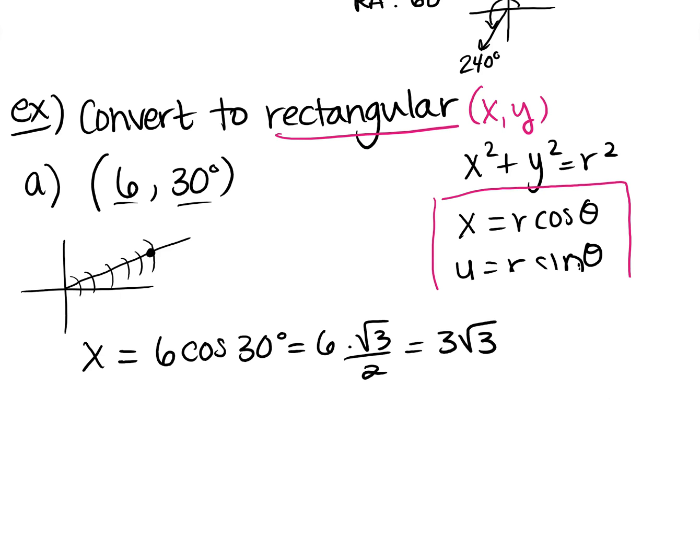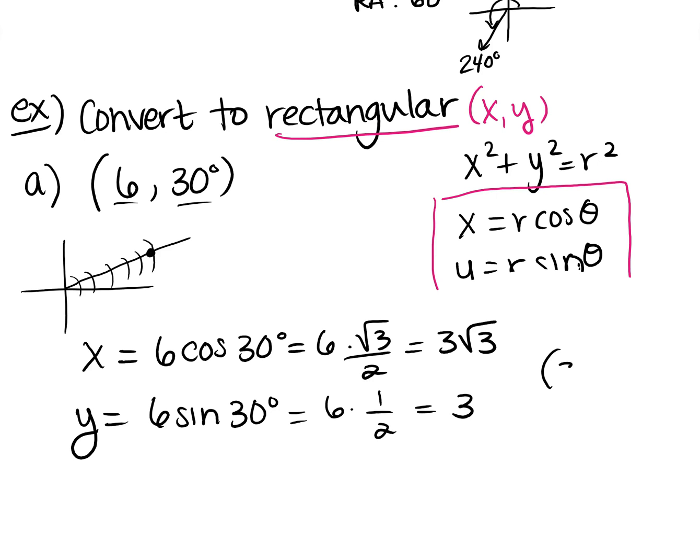X is 3 root 3. And then for y, we have 6 times the sine of 30 degrees. So that's 6 times 1/2, which is 3. So what is your final answer? It's written as a point, 3 root 3, comma 3. That's your final answer when converting to rectangular.